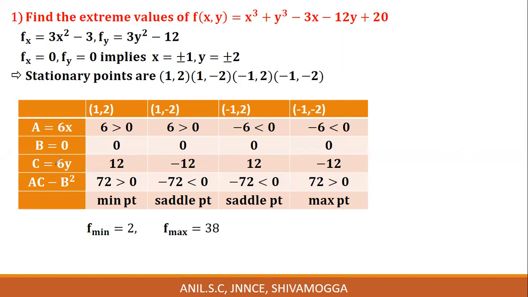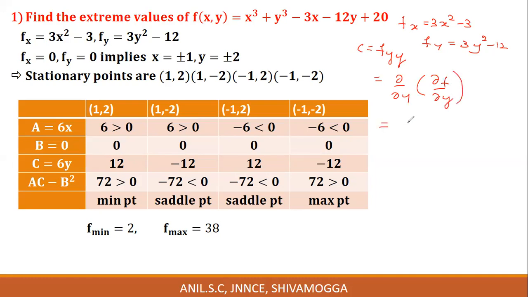Next, c. C is fyy. Fx is 3x square minus 3, and fy is 3y square minus 12. Fyy is required. Fyy means del by del y of del f by del y.